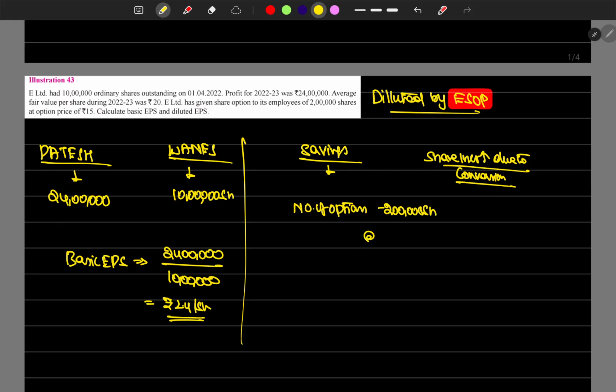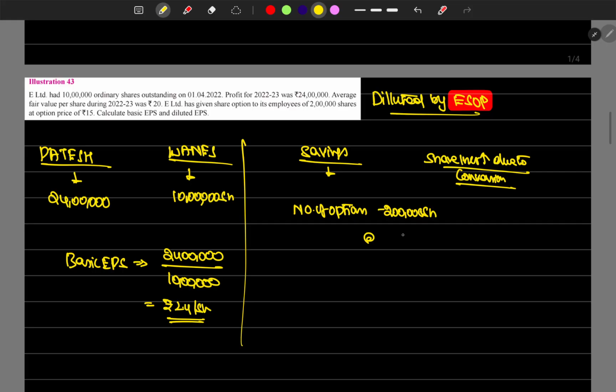At the ESOP option price, which is rupees 15. So 2 lakh into 15, which is rupees 30 lakh, is what the company is going to get. So we got the amount which the company is going to get.